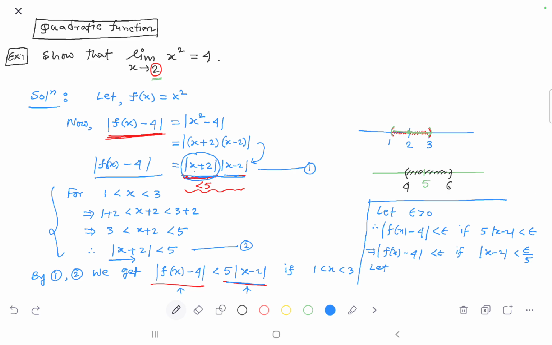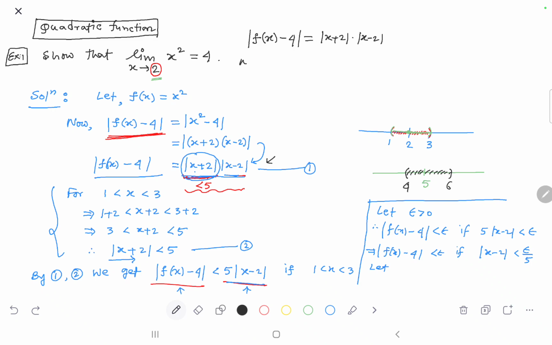Can you say that again? All right. Let me tell you what we had. We had the absolute value of f(x) minus 4, which is the absolute value of x plus 2 into the absolute value of x minus 2, right? By 1.